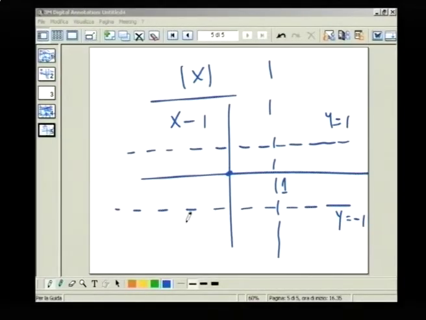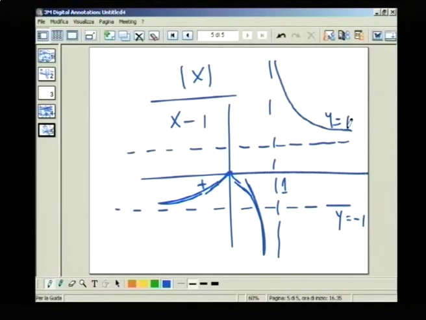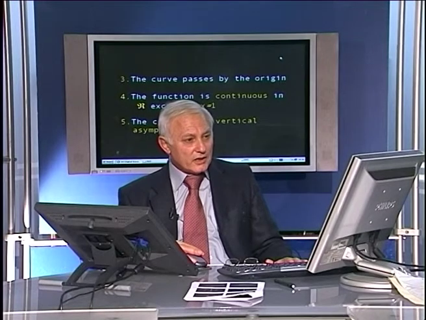When you locate the function here, it must go like this because the derivative is positive somewhere here, and then it is negative here. So I assume it must look something like this, whereas when x is greater than 1, this is positive, so it must be something like this. I assume this must be the situation. I don't think there is more than this, but we shall see anyway.